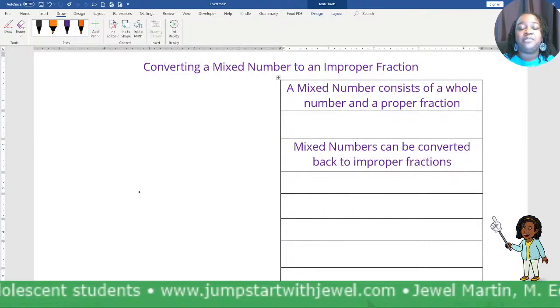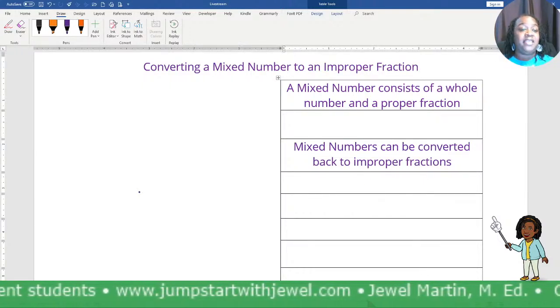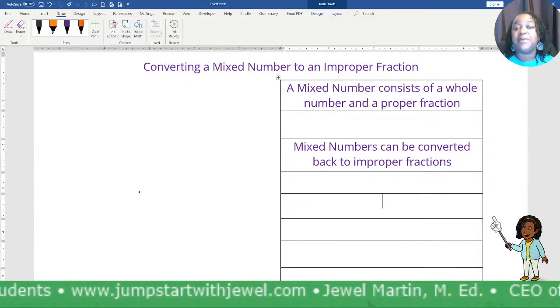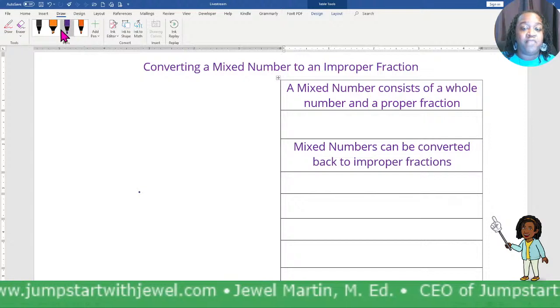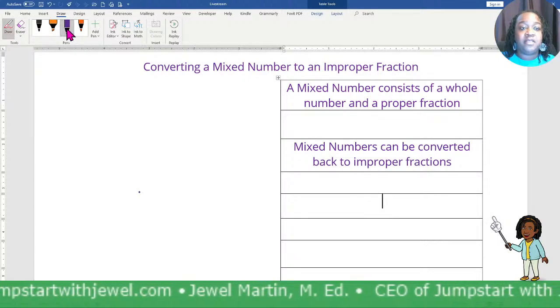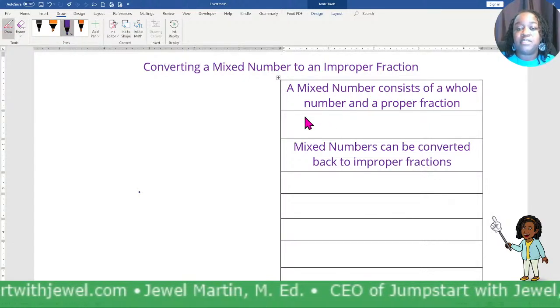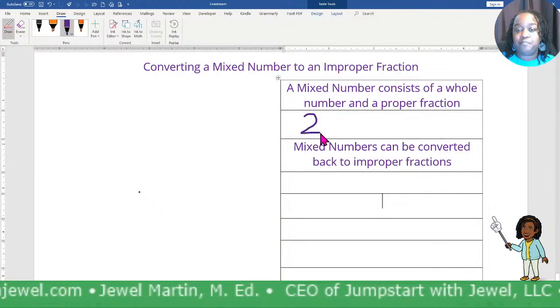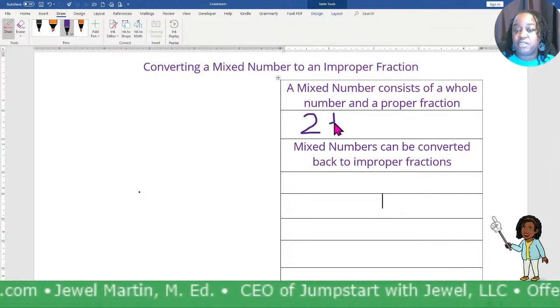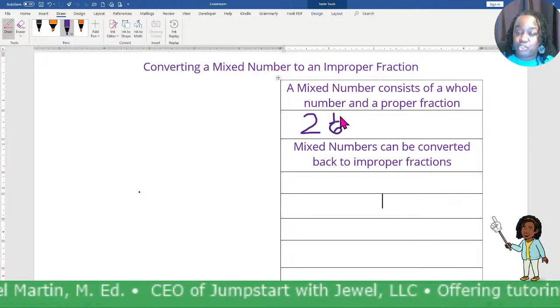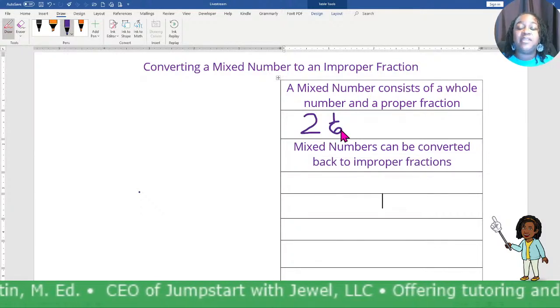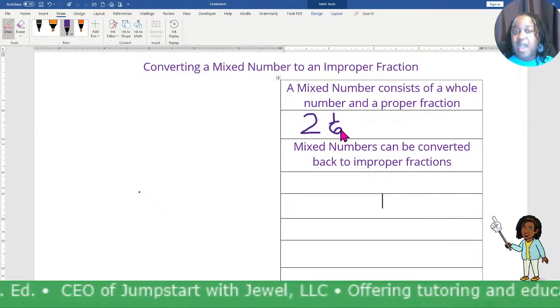There may be times where you're doing an exercise and it may say, take this mixed number and convert it to an improper fraction. The mixed number is a whole number with a proper fraction. A proper fraction means the numerator, the top number, is smaller than the denominator, the bottom number.